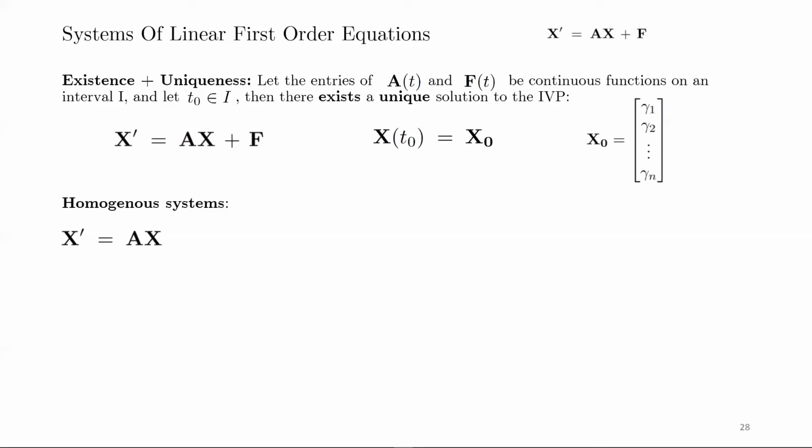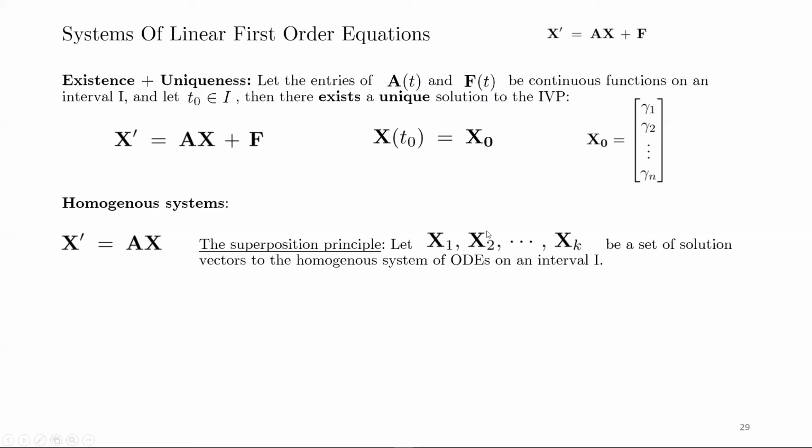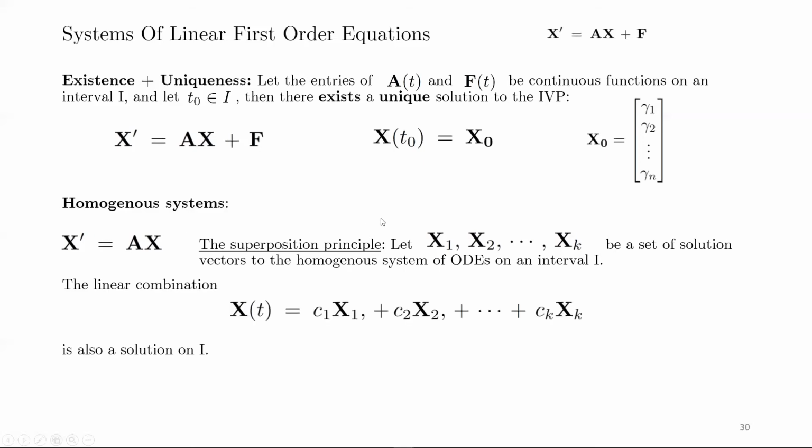Similarly to the scalar case, where if we had more than one solution to an ODE we could superimpose those solutions, or combine them linearly, to form another solution, for systems, if we have solution vectors x1, x2 through to xk, and each of these vectors is a solution to the homogeneous system, then the linear combination of those solution vectors is also a solution on the same interval.